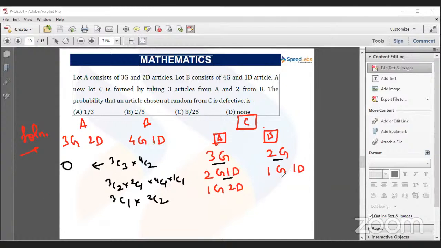In this case, probability of getting a defective would be 2C1 by 5C1, and in this case it will be okay 3 here, total 5 should have been formed, right? Wait, total 5 articles have to be formed.